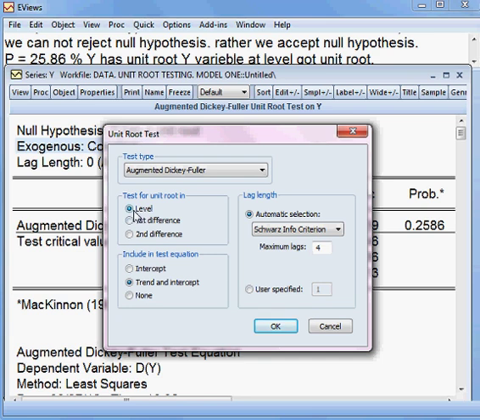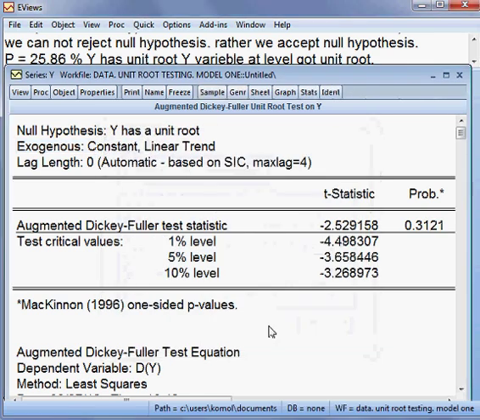And here is at level. So I proceed, I choose the automatic selection as before and press OK. So this is the result. You can see constant and there is a trend, right? What is the null hypothesis? Y has a unit root. So this is our second model.